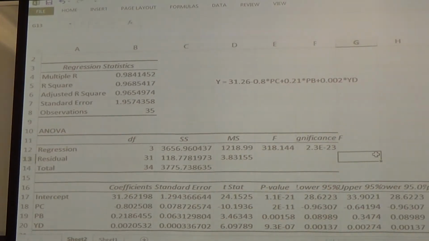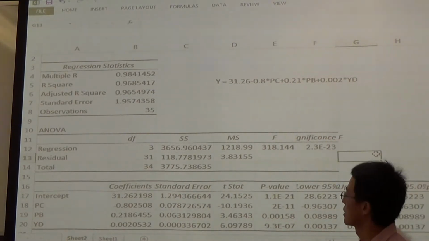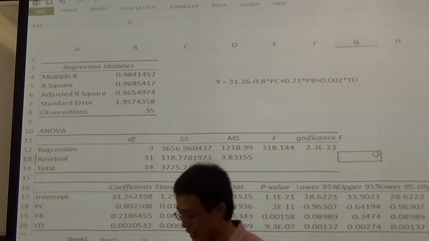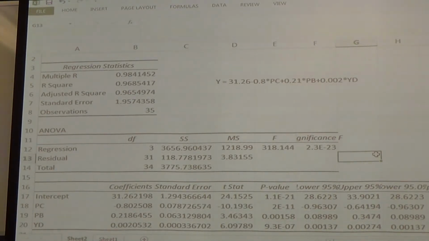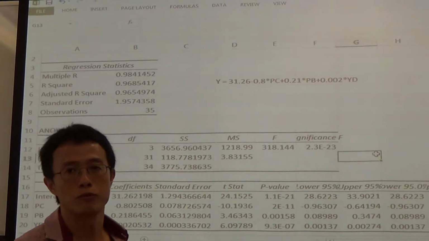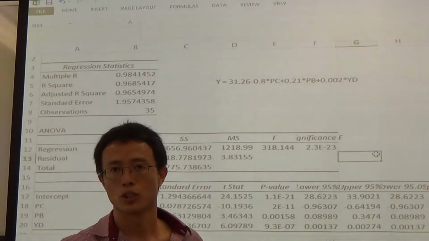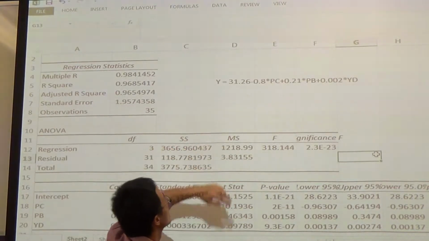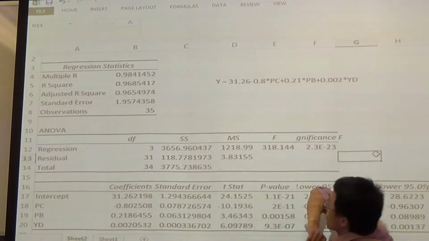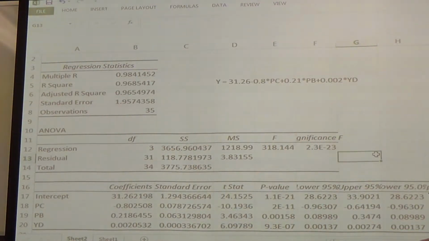What about price of beef? Beef and chicken, they are substitutes for each other. So if price of beef goes up, people will walk away from buying beef to buying chicken. So demand for chicken will go up, right? So it's indeed positive. So it says that they are indeed substitutes for each other.